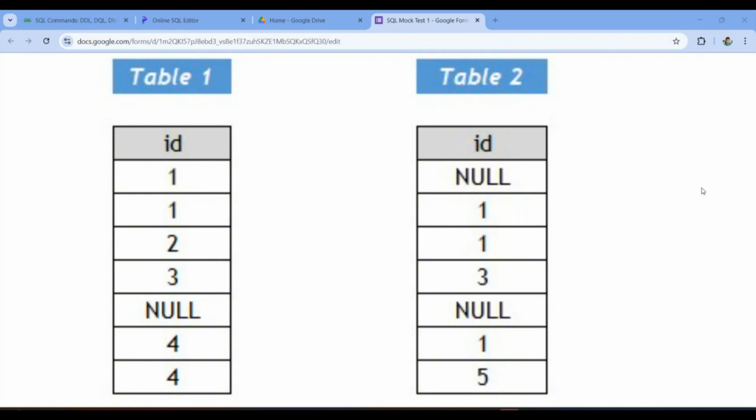Seven, 11, 10, 14. Okay. Incorrect. 7, 11, 9, and 13. No, incorrect. Where, number of rows?